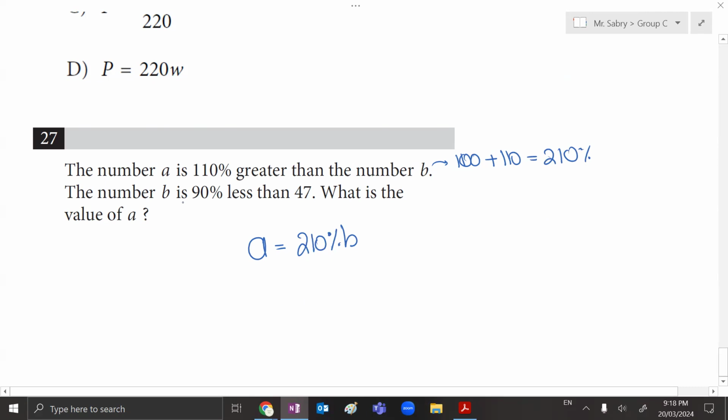And the number B itself equals 90% less than 47. So if 47 itself is the 100%, I'll subtract 90%. That means I need 10% of the 47. So B equals 10% times 47, which is 4.7.